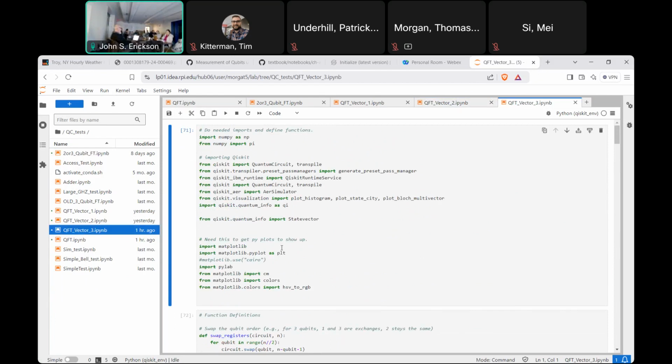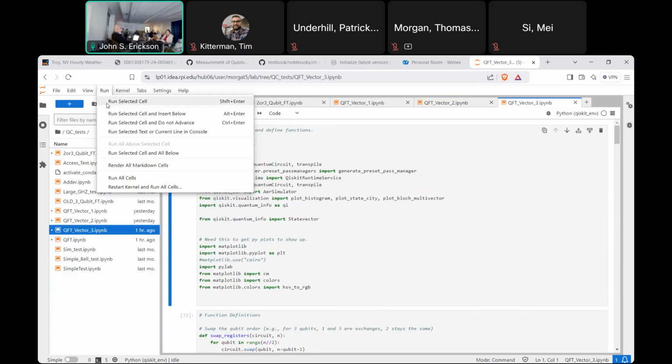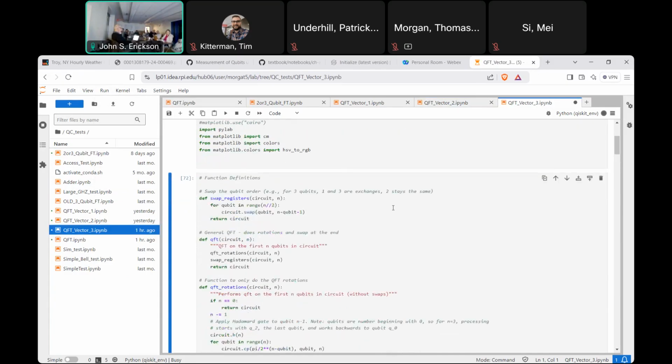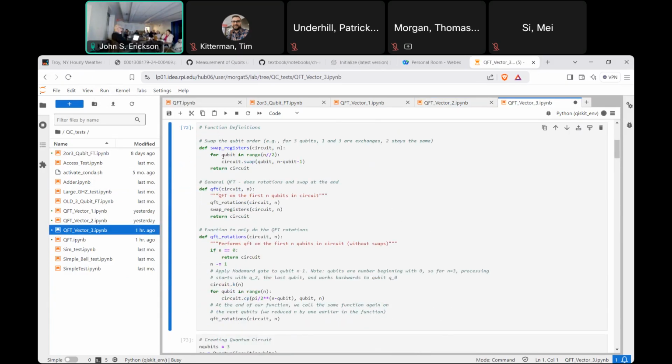These are all the imports you need, and the blue line tells you the active cell if you're not familiar with Jupyter. I'll run the cell, and the next one is some function definitions: the swap is a separate function, the QFT, and then they built a separate one for only the rotation part of the QFT. We'll run that so it's all set.